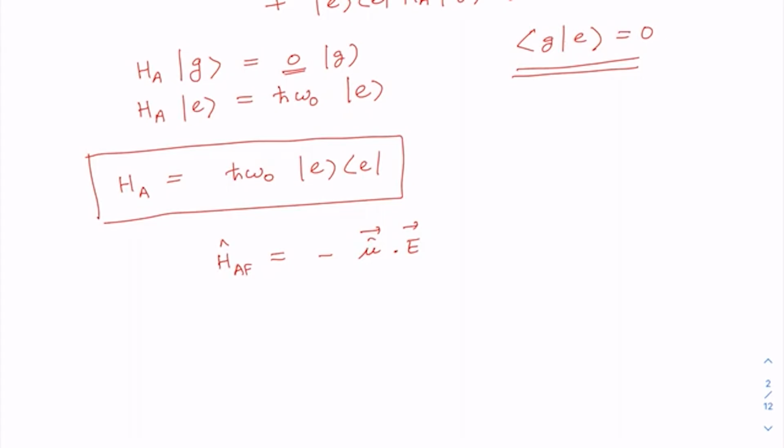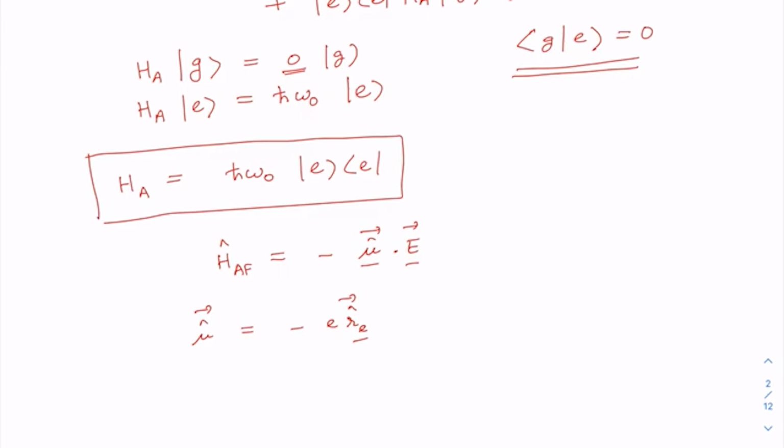While writing it, the electric field is considered as classical and the atom is considered as quantum. The dipole moment operator mu is equal to minus e r_e for a single electron atom, with r_e denoting the position operator of the electron.